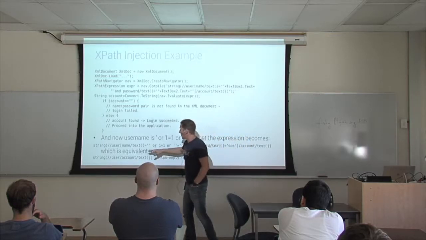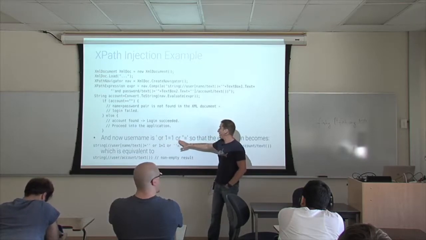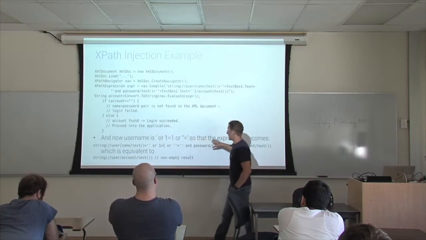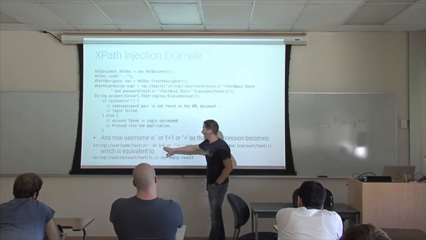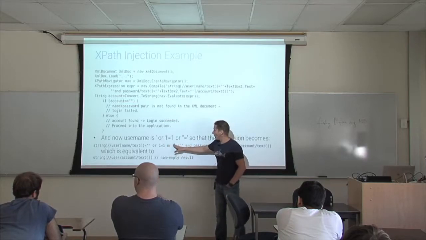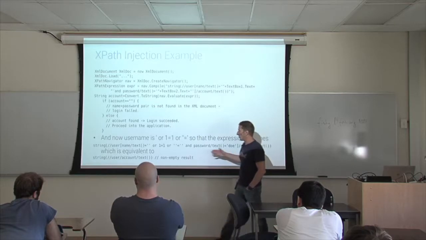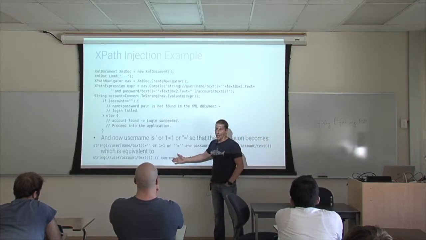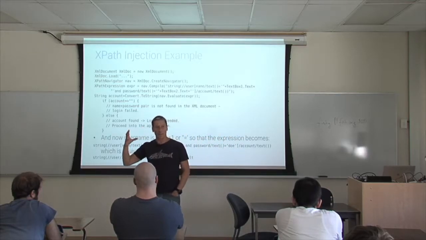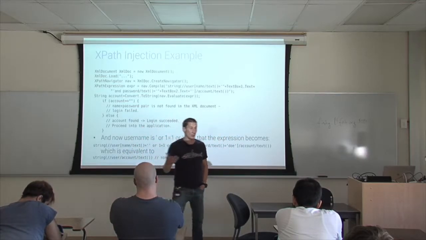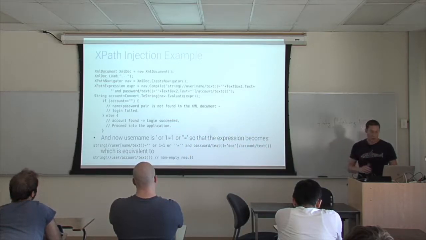And if the user introduces, again, tick or 1 equal 1 or quote quote, something like that, you can see that all the different quotes are now balanced, and the final string will be this, which is fundamentally give me every single piece of text in the XML file, and therefore the authentication will succeed. Very similar to the SQL injection example that we saw at the end.